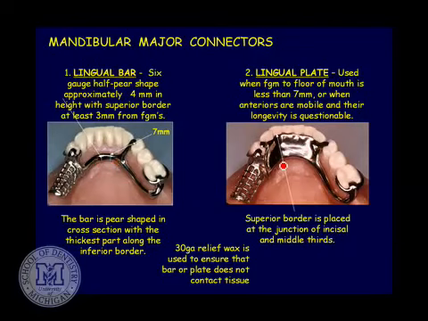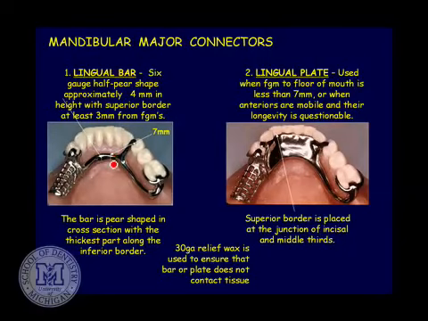And one of the classic questions typically asked on exams, because it's also relevant, is how much room do you need between the lowest point of the free gingival margin and the floor of the mouth, if you're considering using a lingual bar as the lower major connector.